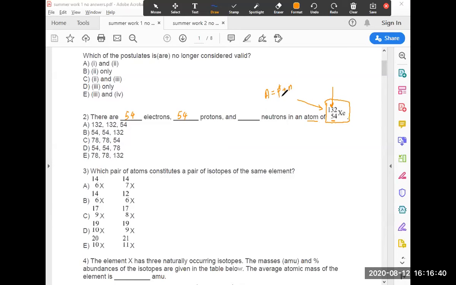So if the protons are 54 and this is 132, then we know that the neutrons have to be 78, which is this choice right here, because we are adding those two to get a result of 132. Now, which pair of atoms constitutes a pair of isotopes of the same element? To be the same element, they must have the same Z number, the same number of protons.